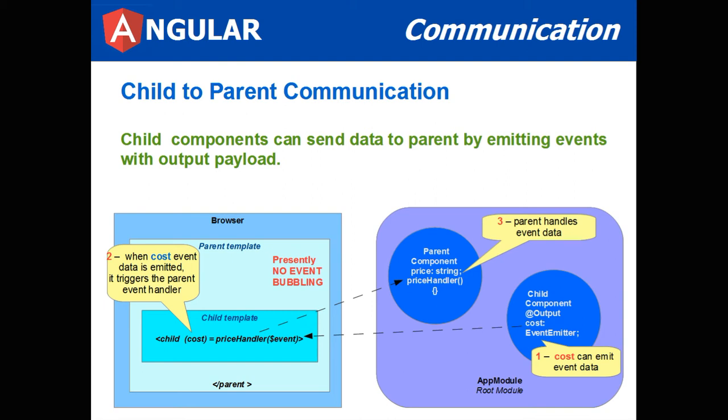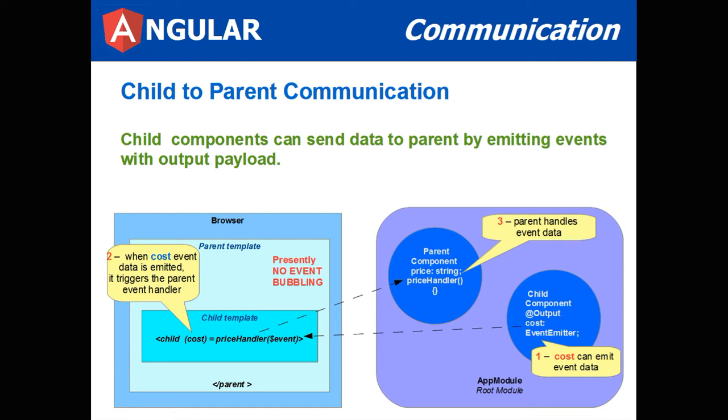So cost here, number 2, when cost event data is emitted, it triggers the parent event handler. The parent event handler says, invoke the price handler. Price handler is in the parent.